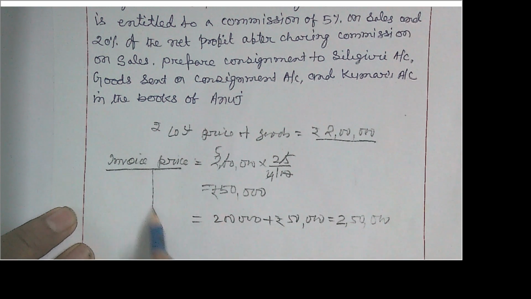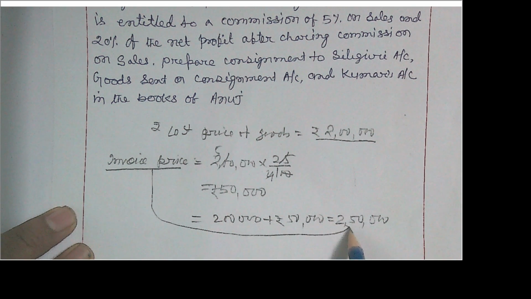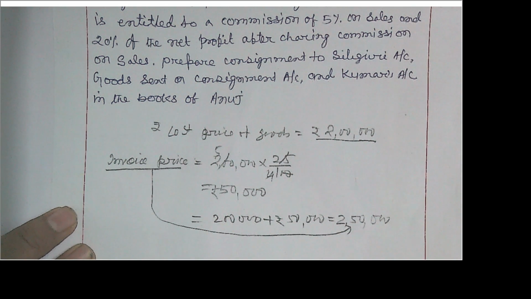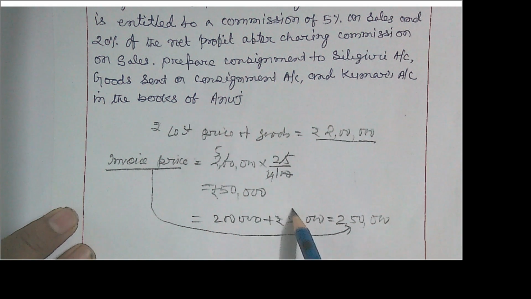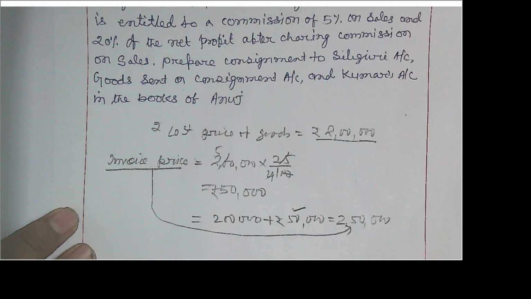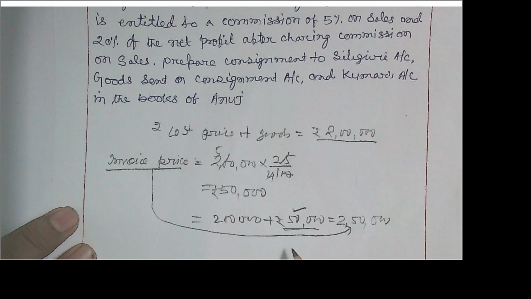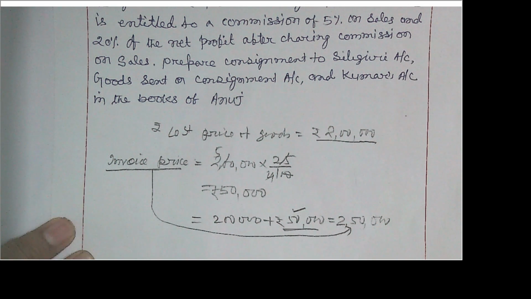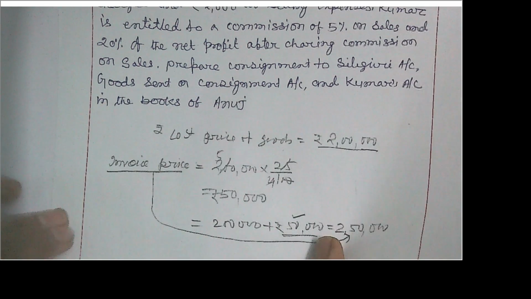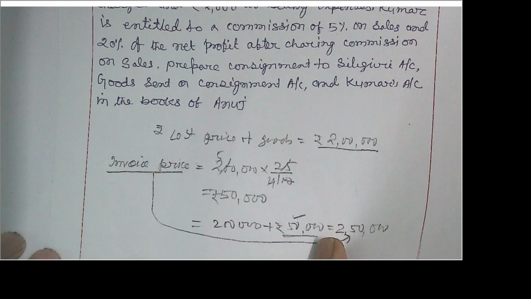This is your invoice price. It is called unloading here. 50,000 is unloading added. Now when we remove this 50,000 rupees, it is called loading. All these things we will solve through a problem.